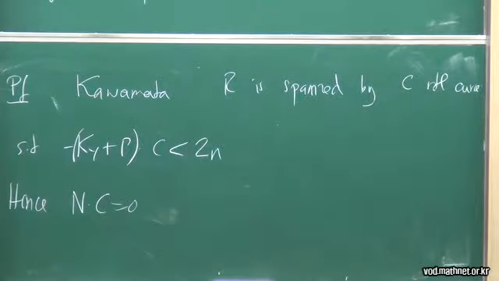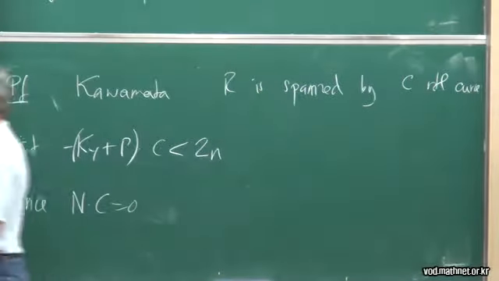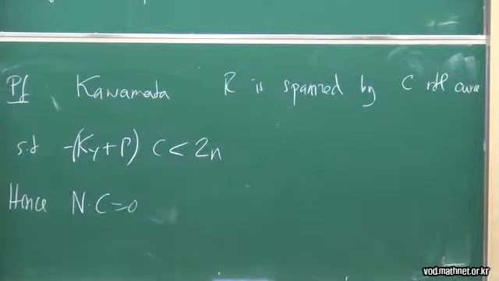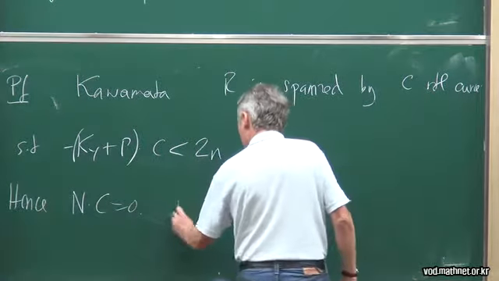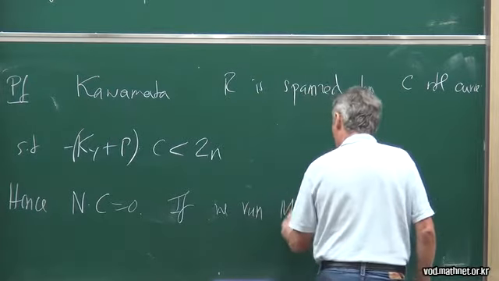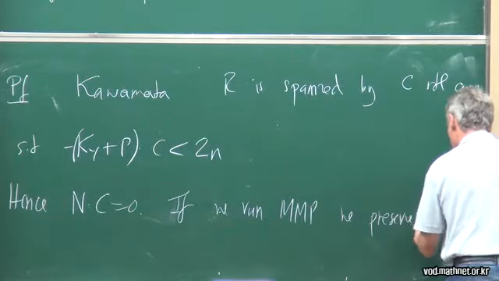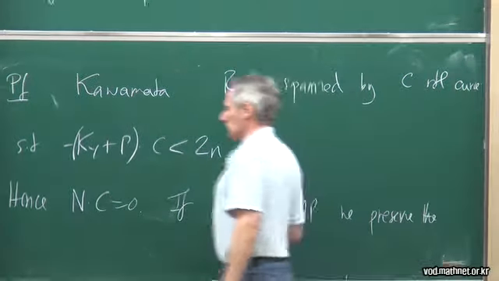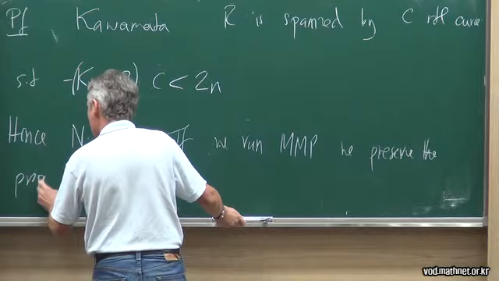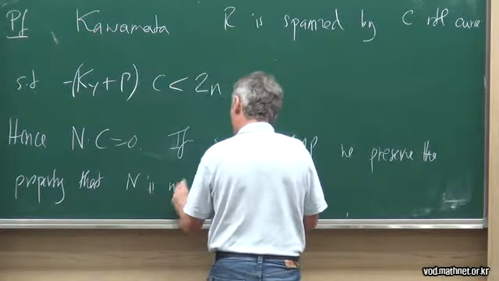And now once I know that n dot C is equal to 0, I can make the divisorial contraction, flip, or Mori fiber space, whatever it is, and keep going. So if we run MMP, we preserve the property that n is nef.